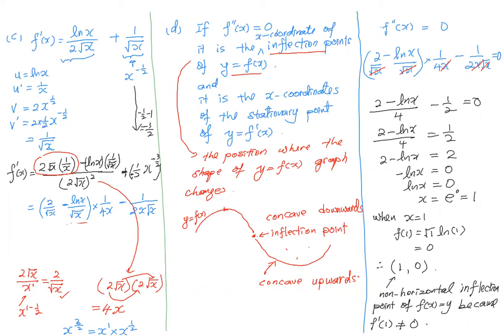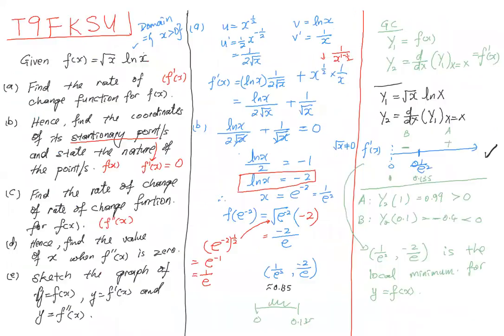Okay, now if I want to draw the sign diagram of f double prime, before I sketch the graph, for this part, I'm going to draw the sign diagram of f double prime x. So how am I going to do it?